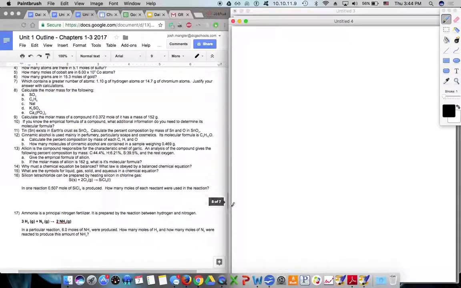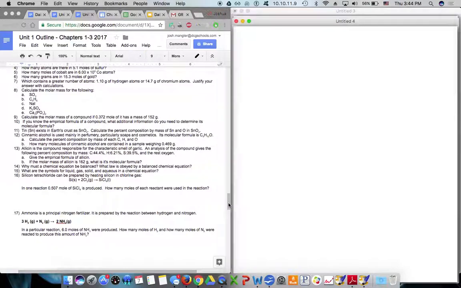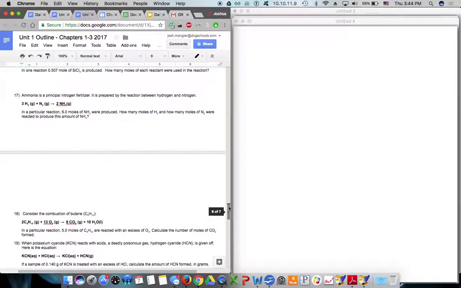Ammonia. Ammonia is a really important chemical in agriculture because it allows us to produce the yields of crops that we do, and without it, we'd have a much lower yield than we would with it.